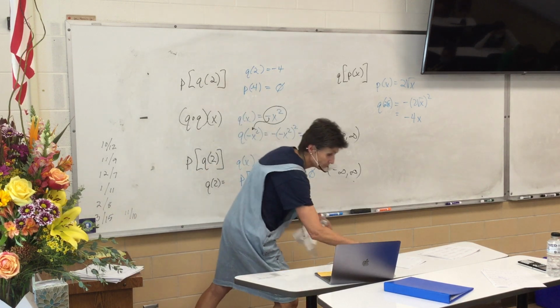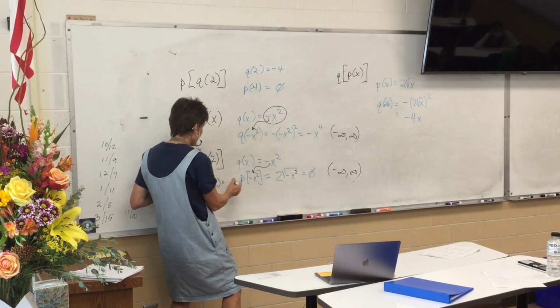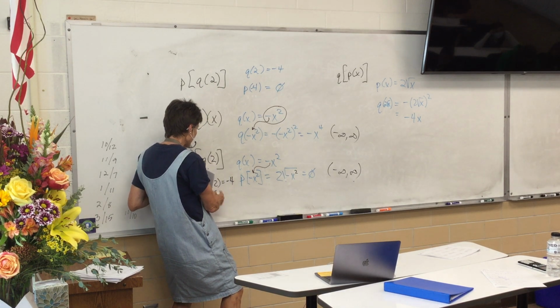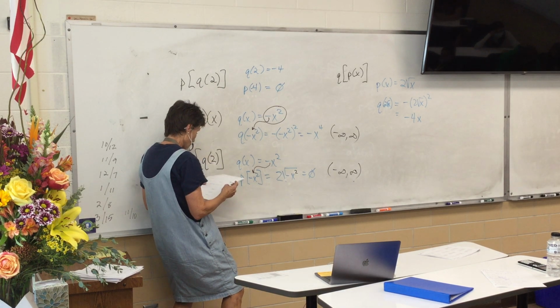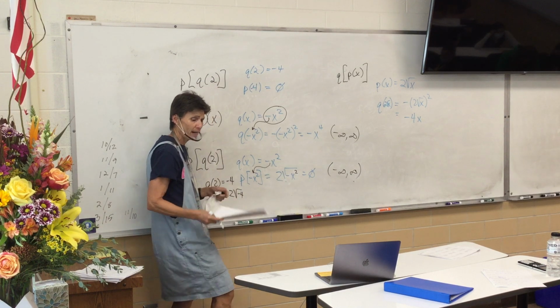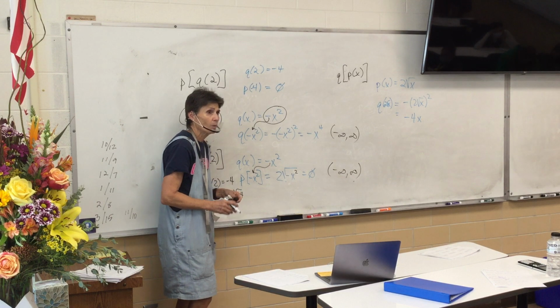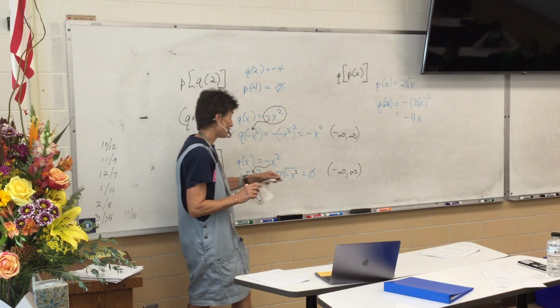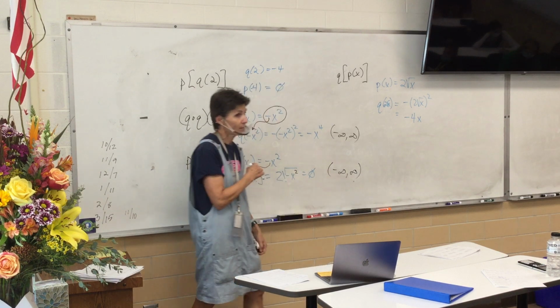Wouldn't Q of 2 be negative 4? And then we're going to find P of negative 4, which will be 2 root negative 4. Are we doing i's? No, we want it to be real. So clearly our domain isn't all numbers because 2 doesn't work.